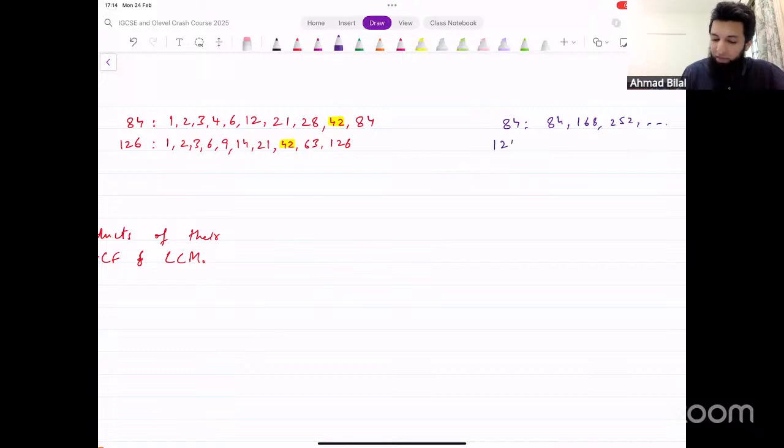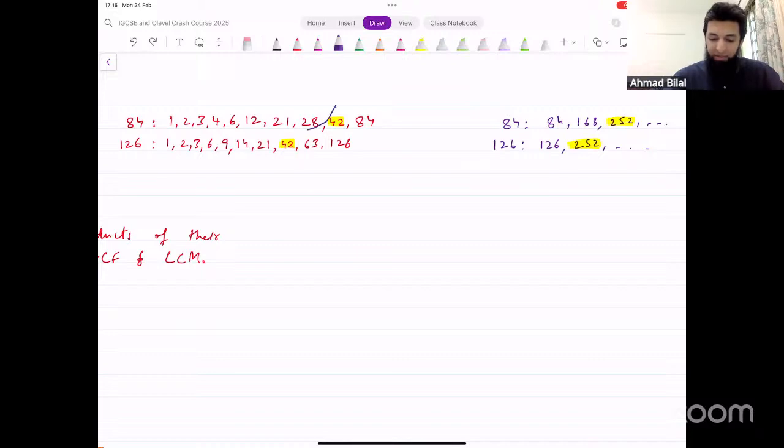For 126, we would have 126, then 252, and so on. This number 252, that's the first common multiple that we're getting. First number that is a multiple of both of these numbers. That is the LCM. Okay.